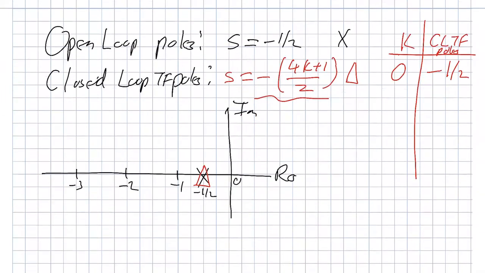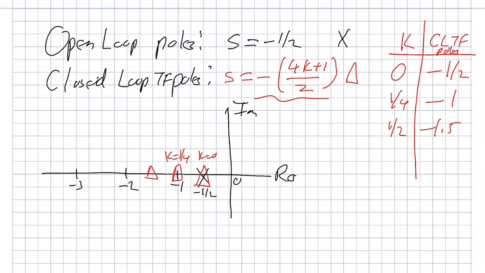All right, so what happens then is we increase k. At k equal to 1/4, if we plug this in, we get minus 1. So this is k equals 0, k equals 1/4. We keep going, at k equal to 1/2 we end up with minus 1.5.